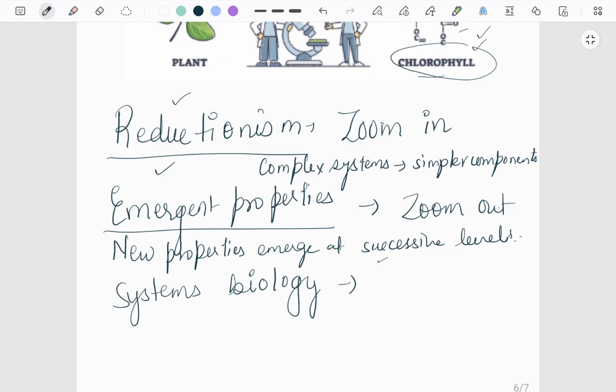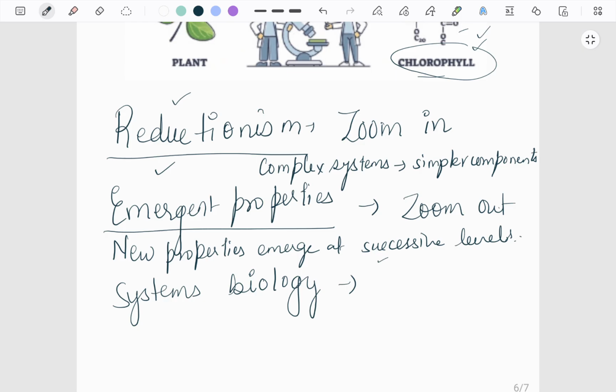For example, if DNA has to be copied, it has to be replicated, you need other molecules, you need enzymes, different raw materials for the synthesis of DNA. So when they combine, they will interact, you will get the beautiful property of replication. That will happen inside a cell. At least there should be a minimum one cell if the organism is unicellular.